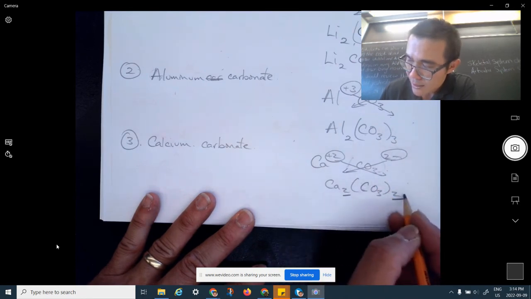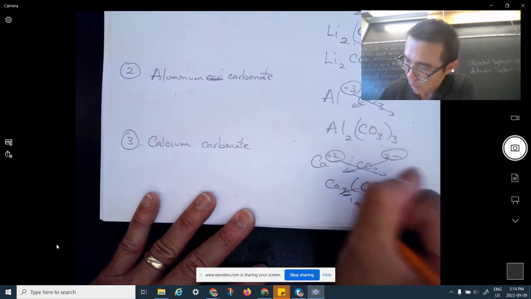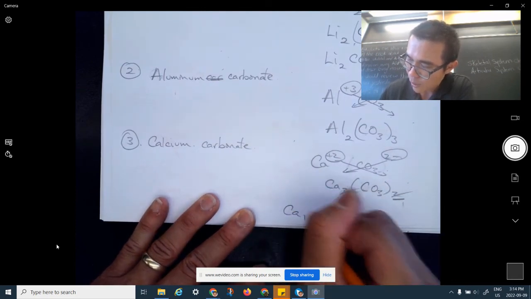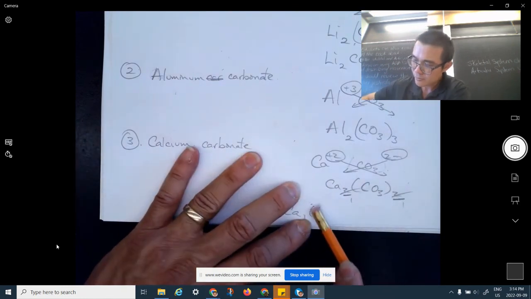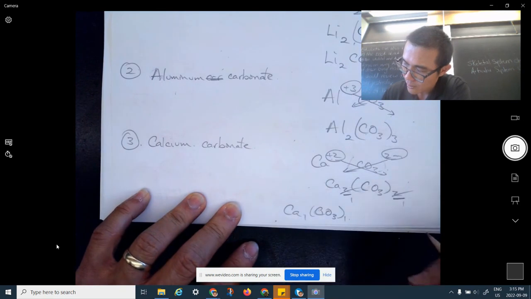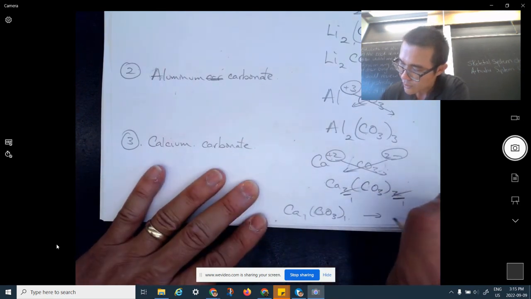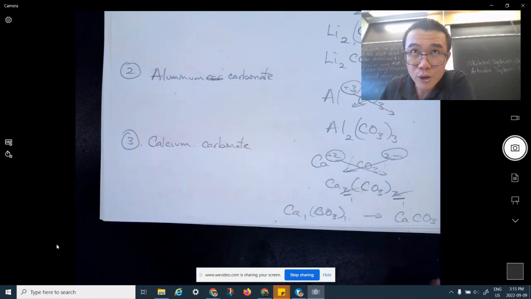Since these are 2, you can technically reduce them to 1. So you have Ca1, bracket CO3, 1, or you make all these invisible, which is CaCO3.